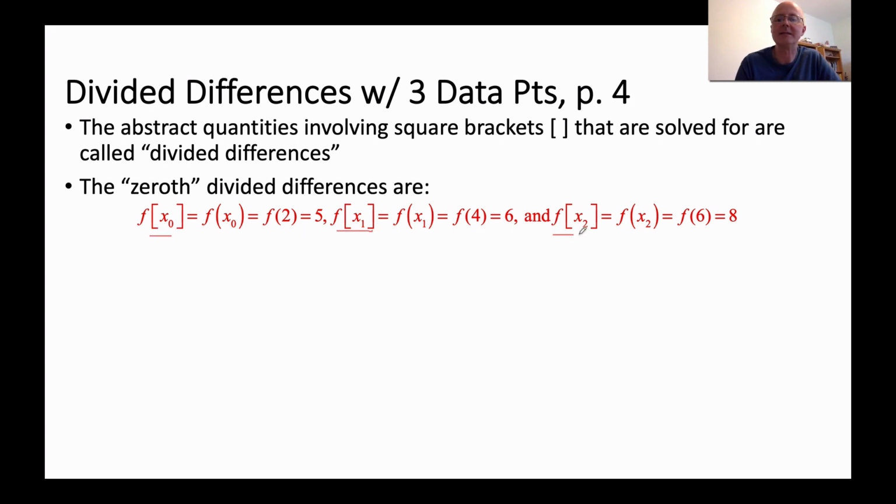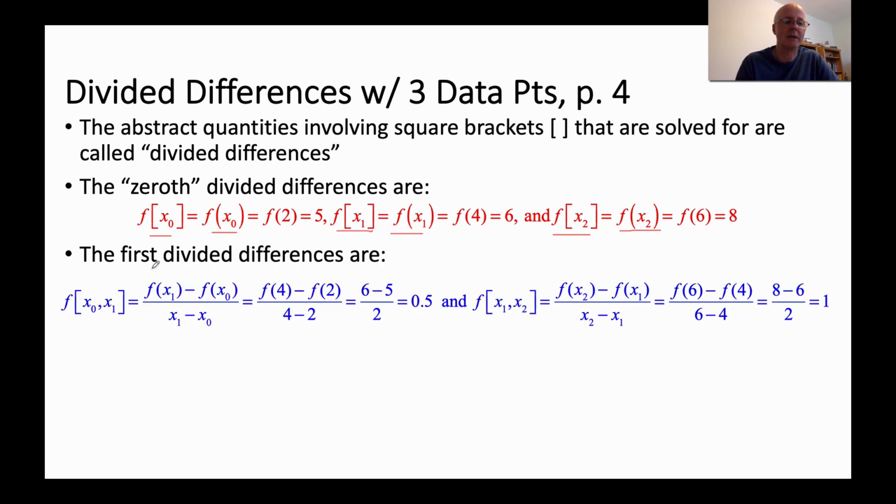We define these zeroth divided differences to be the same as the function values. Why? Because then when we define the first divided difference, we can really define those with function values. And I could use the square bracket notation here, here, and here in these spots as well, if I wanted to. Okay?